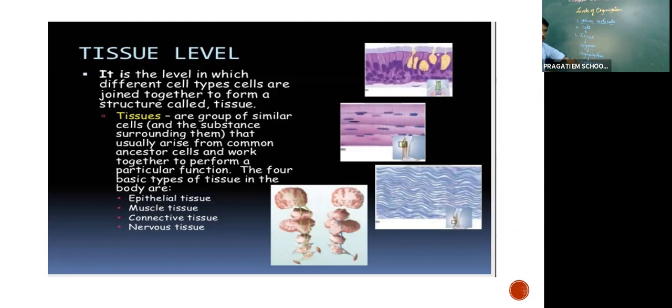From cell level to organ system level, the entire steps are composed to form one individual organism. So it tells us about only a single individual.